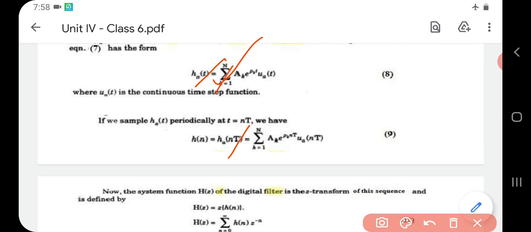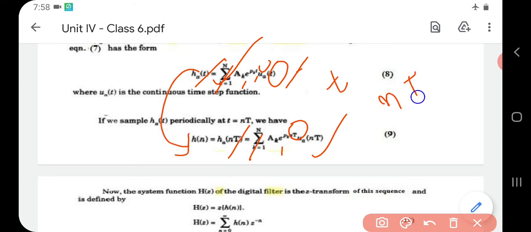This one is written as such, a_k is also written as such, p_k t is replaced by p_k nT because we are sampling. Then u(t), and in place of t you are writing nT. So this equation is the same as this, but the only thing is that in place of t you are writing nT. Why? Because we are sampling h_a(t).